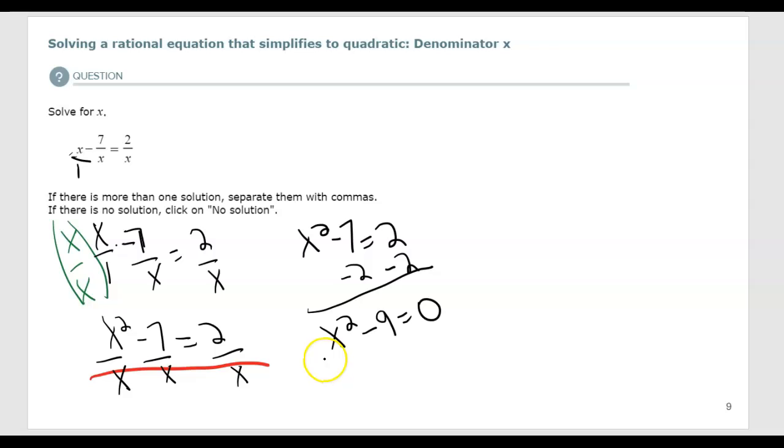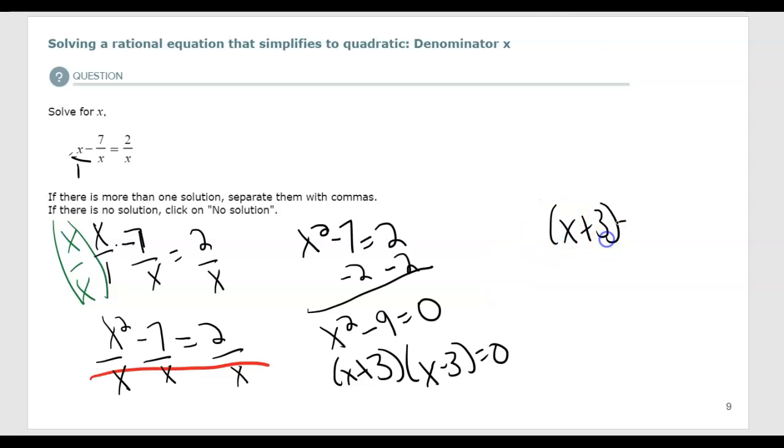So based on the chart that we just did, this is difference of squares. So this becomes x plus 3, x minus 3 equals 0. If I set each of these equal to 0, then I'm able to solve for x.